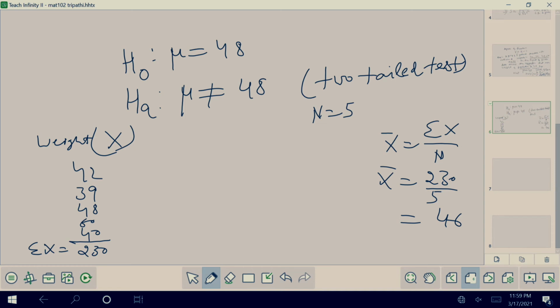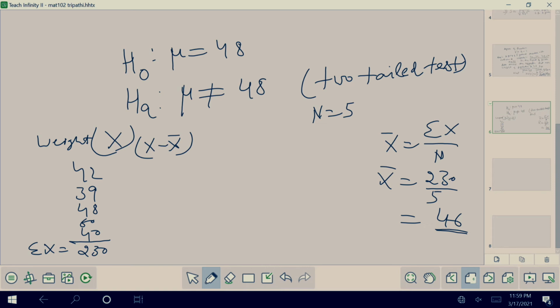For s we have to calculate deviation from the actual mean, because our mean is a whole number, that is 46. So, go to the next step, that is x minus x bar, deviation from the actual mean.